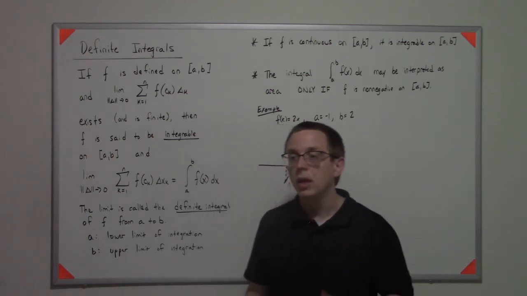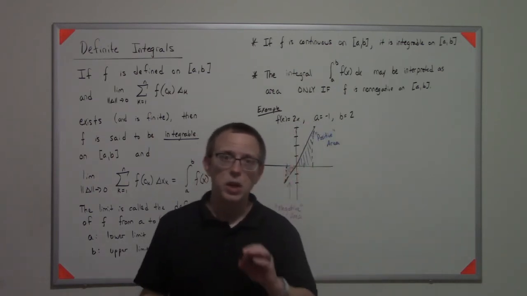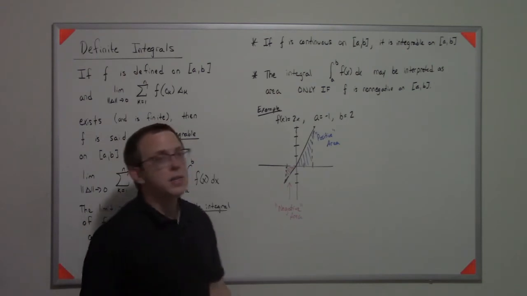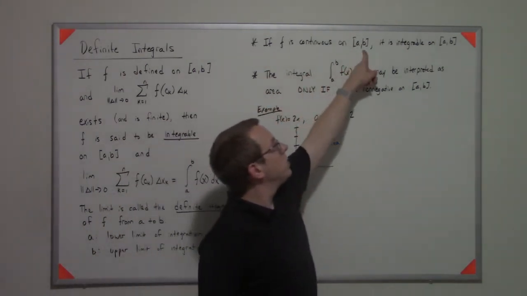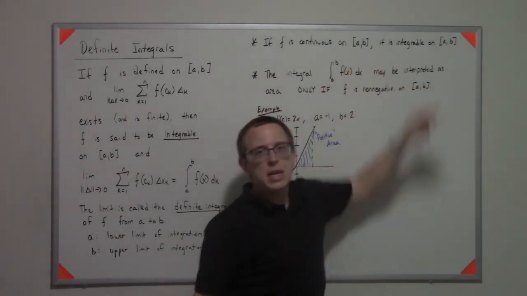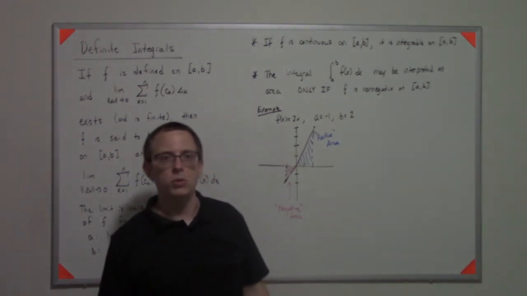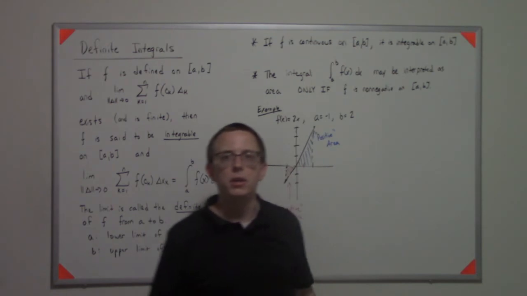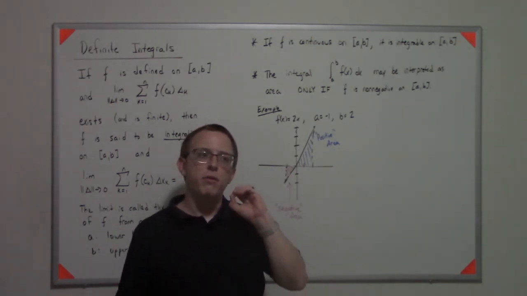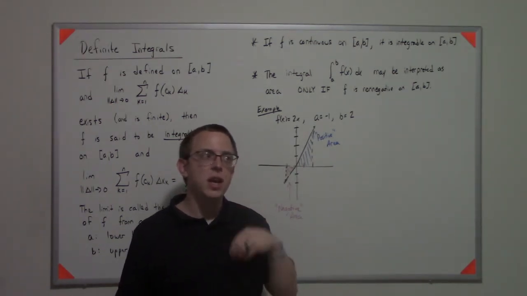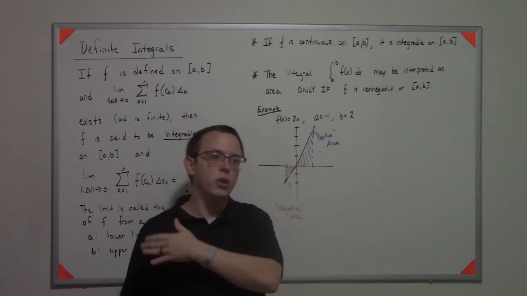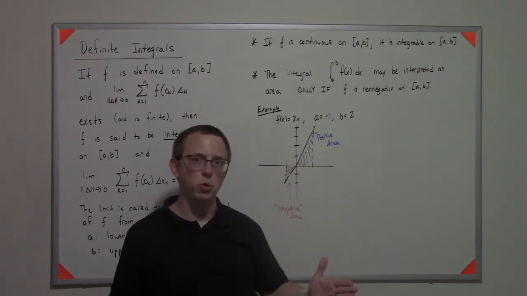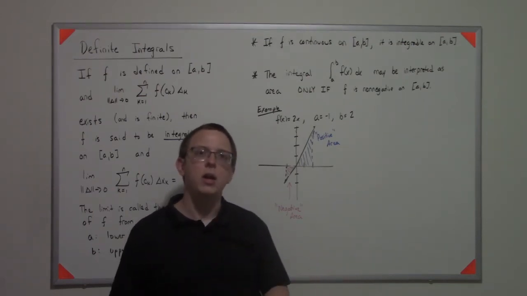Now there's a very interesting result, and I don't want to gloss over it, and that is that if the function is continuous, it's guaranteed to be integrable on that closed interval. So finding functions that are continuous is super helpful, because no matter what, it's going to be integrable. No doubt about it. Why does that matter?